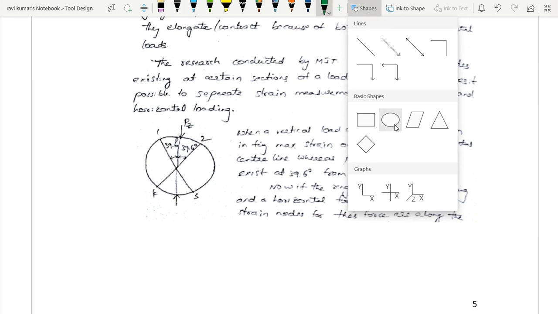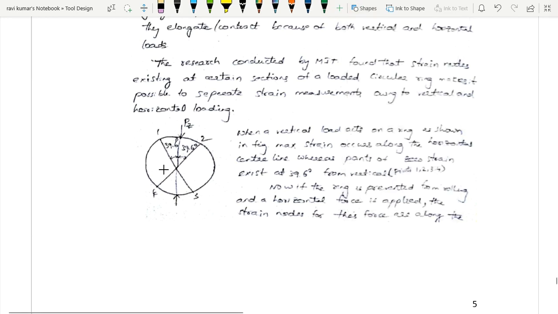a circular ring. So a force was applied at this place.